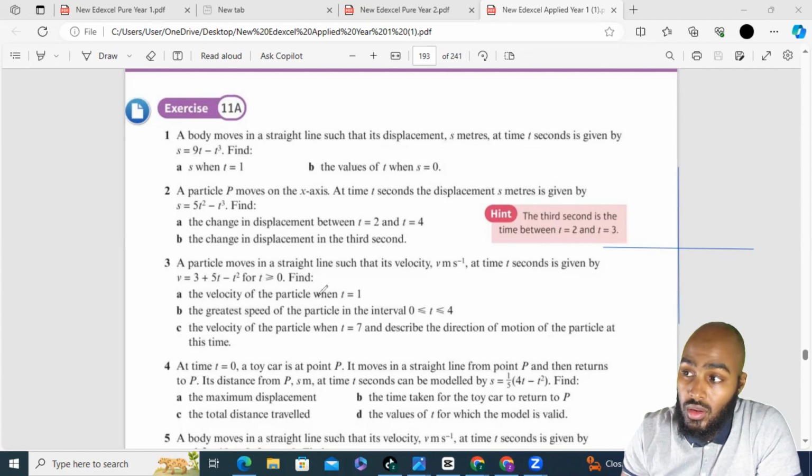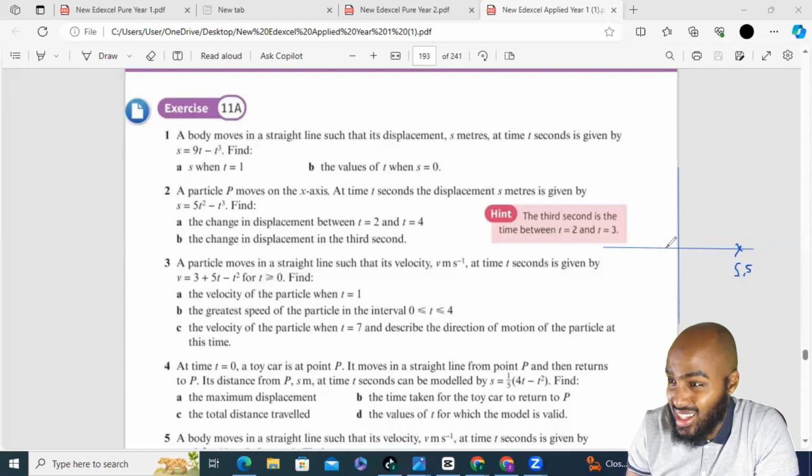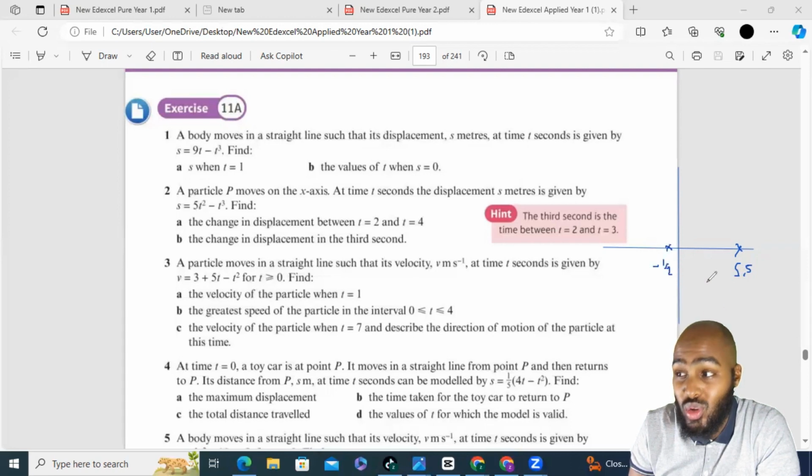It's going to give me 5.5. So let's say 5.5, and something here, minus 0, also minus a half. It's not exact numbers, but it's close enough. It's a sketch. Then I'm going to draw the sketch, and I know it's going to be upside down. This is good.